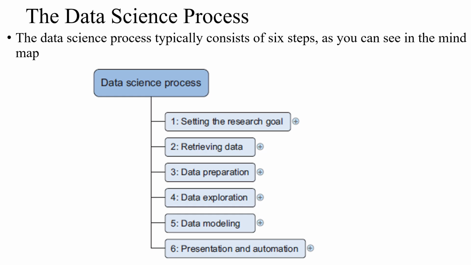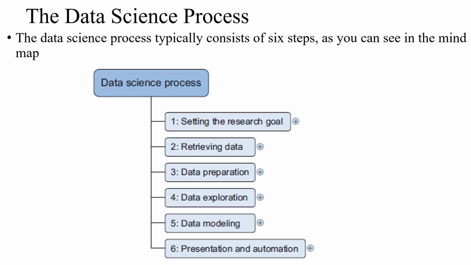Suppose I want to find the root cause of cancer, or I want to say that this cancer is curable. If I want to apply data science and get a model, first I have to frame the problem statement properly, or set the research goal. So that is the first point in the data science process: setting the research goal.